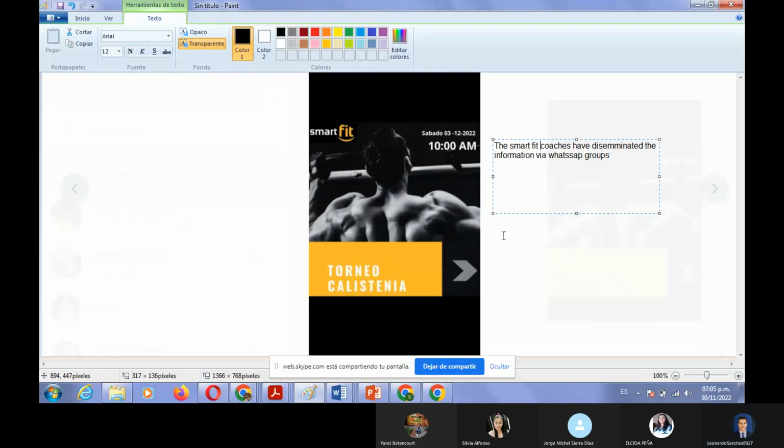Entonces aquí yo les conté al principio de la clase que va a participar en un torneo de calistenia organizado por el Smart Fit aquí en Tunja.